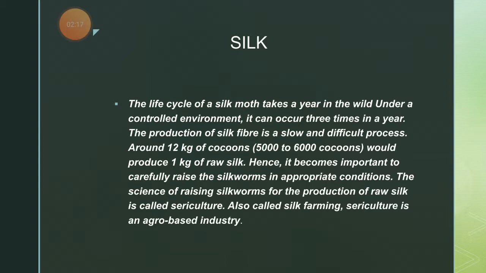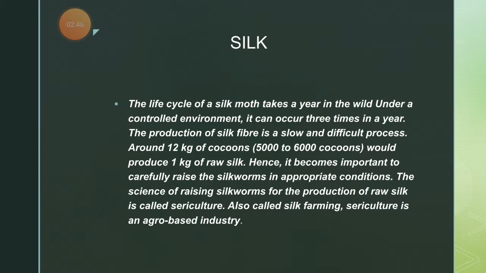The third stage, the pupa, is called the cocoon. So 12 kg of cocoons can give only 1 kg of raw, pure silk.